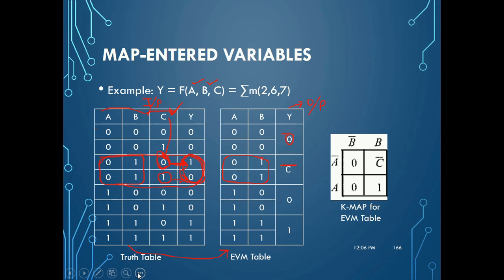So Y output depends on C input. So Y I can write as C bar. If C is 0, what I am going to write in Y is 1. If C is 1, I am going to write Y output as 0. So that is what I want to write here. This is the main thing you have to understand.